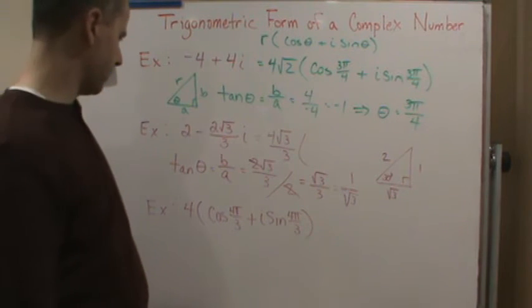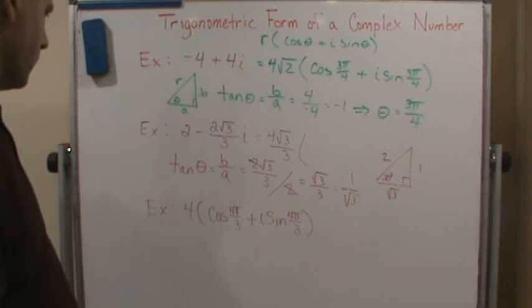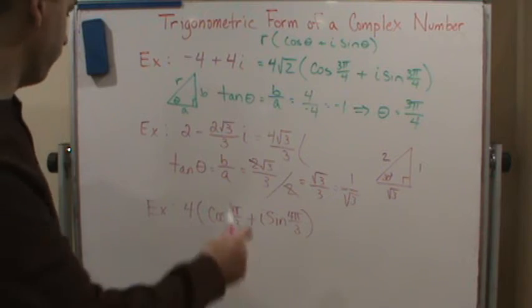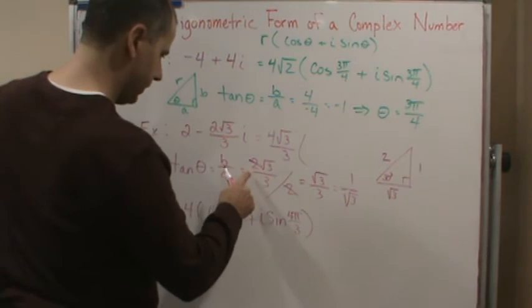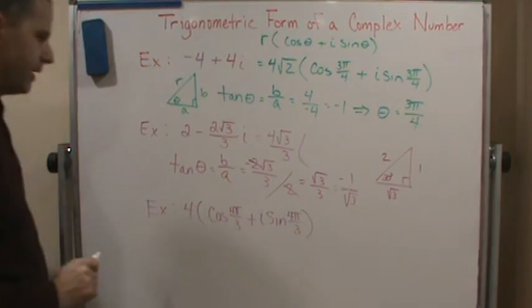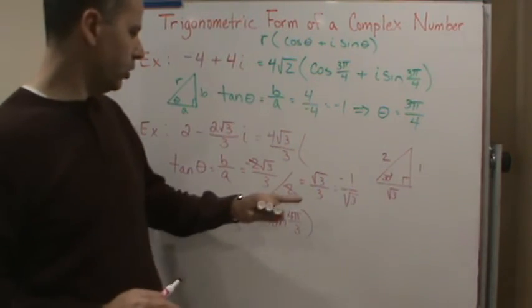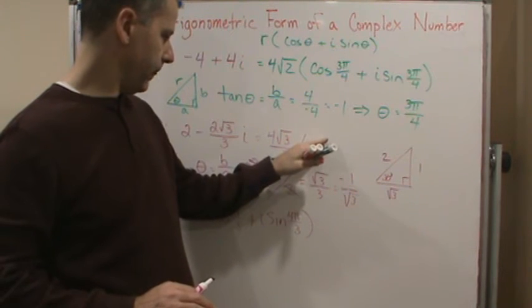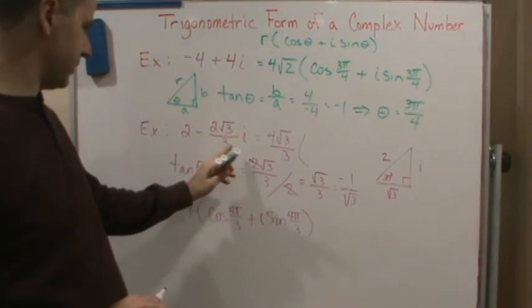Hold on, I made a mistake somewhere. Where did I make a mistake? Oh, that's right, negative. This is negative. Oh, so this is negative. I'm sorry. So yes. Okay. So now we're looking at the second and fourth quadrant, and so obviously this is in the fourth quadrant.